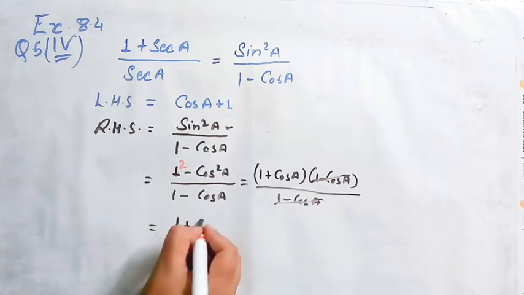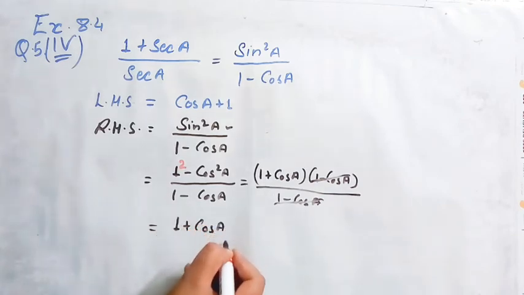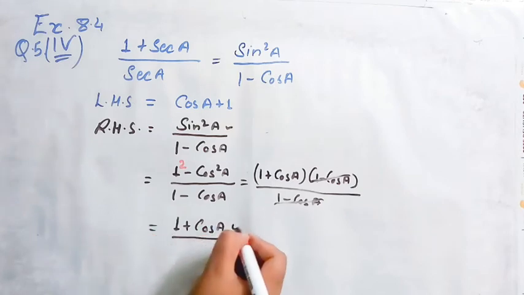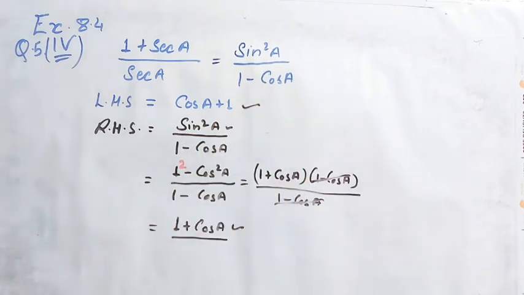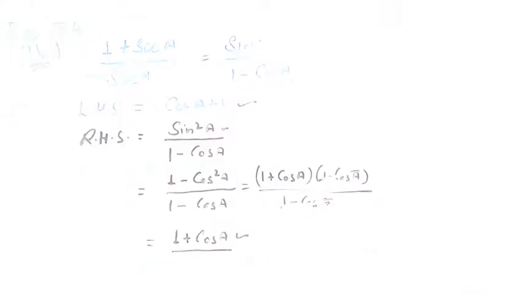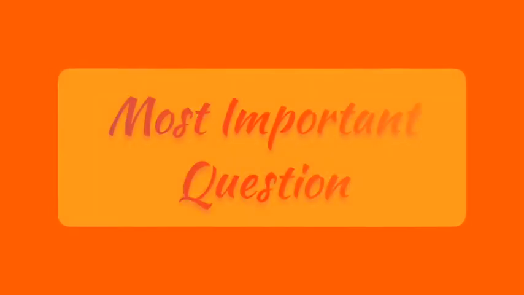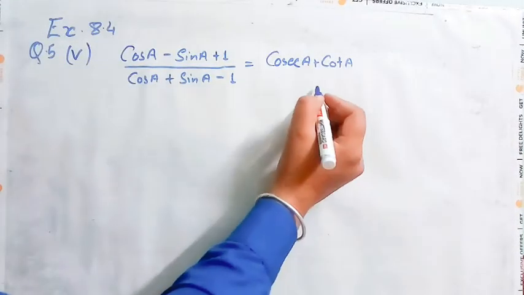Now see, your right hand side is 1 plus cos A, which is equal to left hand side. Hence it is proved. Let us see the most important question, that is part number 5.